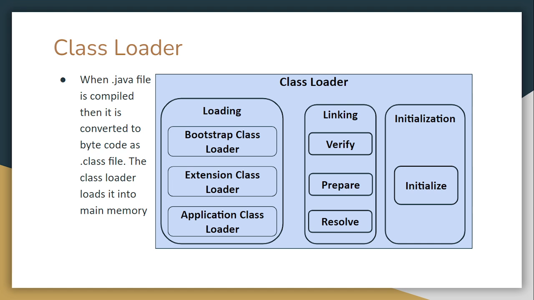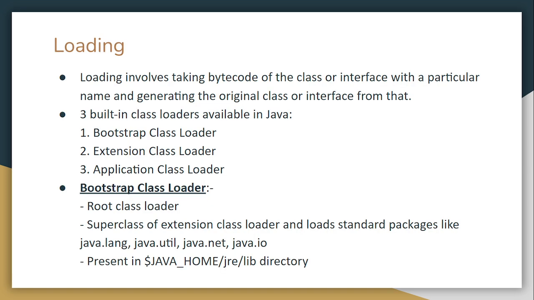There are three steps: loading, linking and initialization. In loading, there are three class loaders available in Java. First is Bootstrap class loader, second is extension class loader, and third is application class loader.